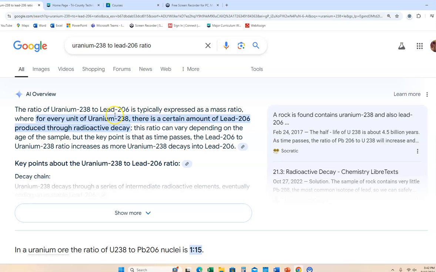Now, just like the potassium 40, uranium 238 turns into other things. But the other things that the uranium turns into are also radioactive, right?